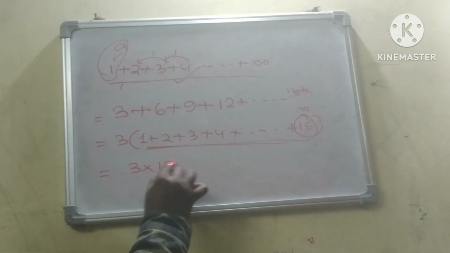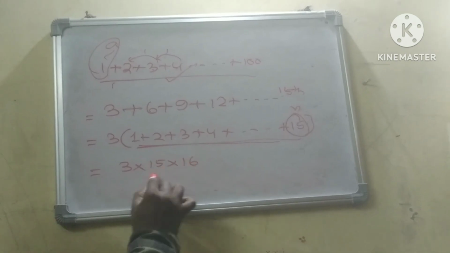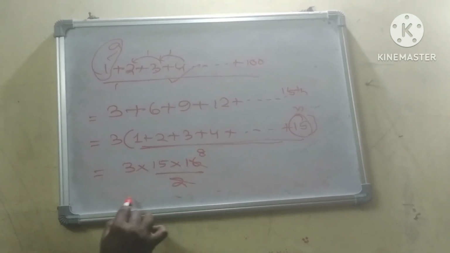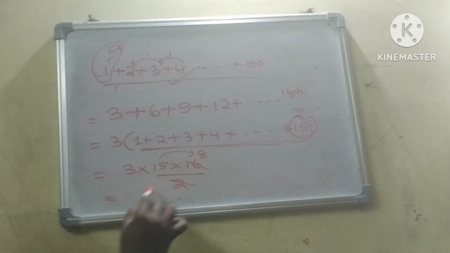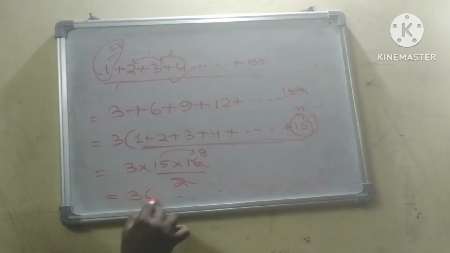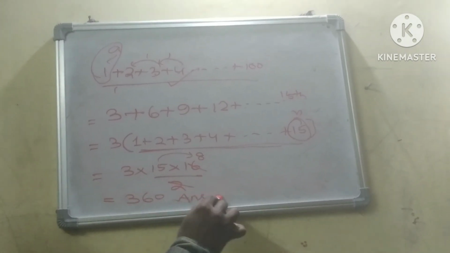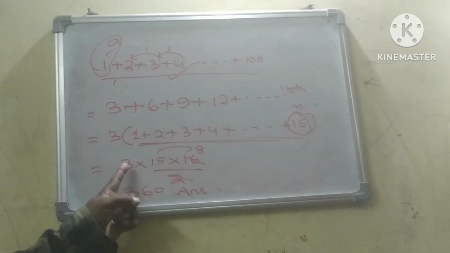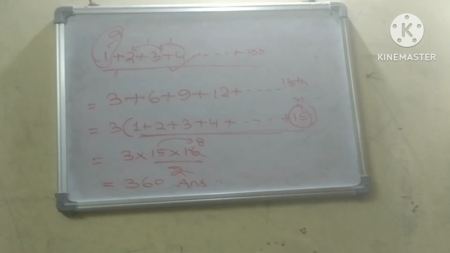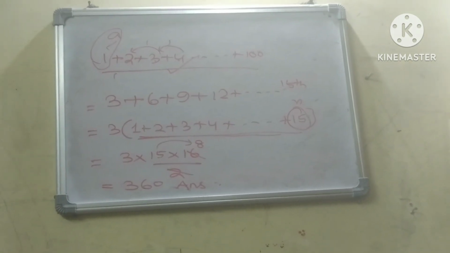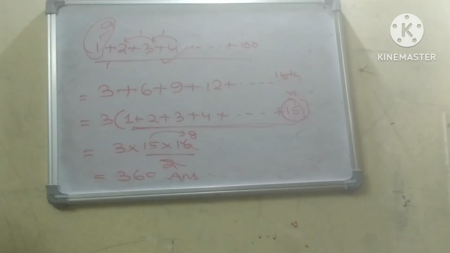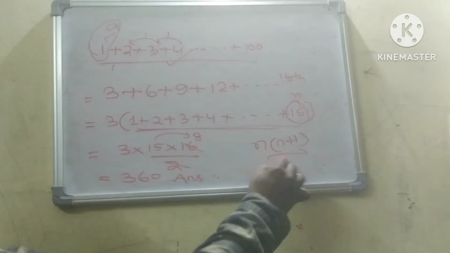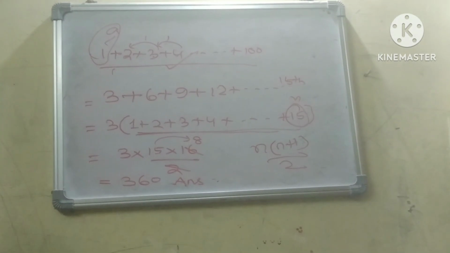So 15 into 15 plus 1 by 2. This is 120 into 3. This is the answer. Right? If they are consecutive numbers, we will apply n into n plus 1 by 2. This is for consecutive numbers.